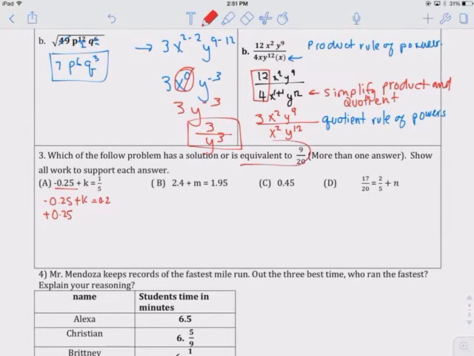Okay, which is equivalent to this one? The answer is, let's see, I think A, C, and D are equivalent.